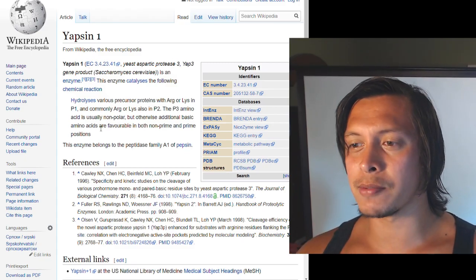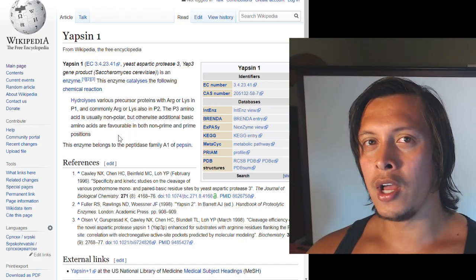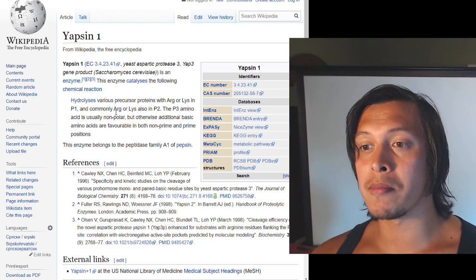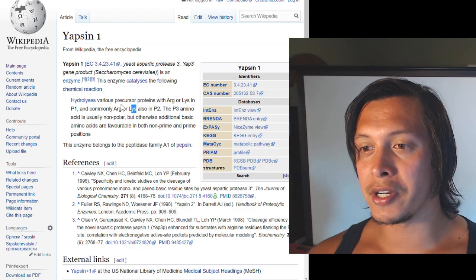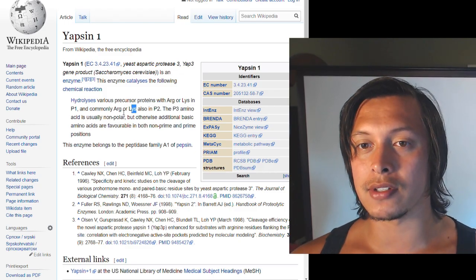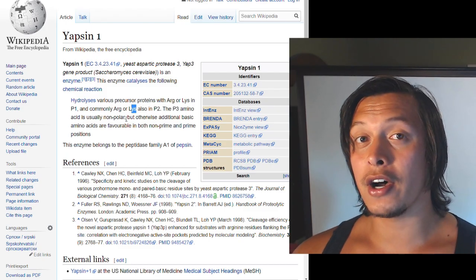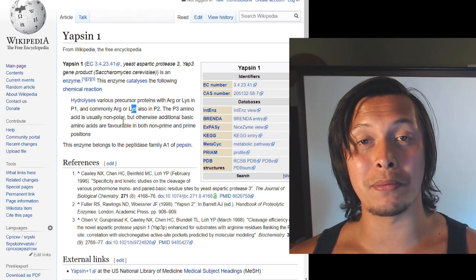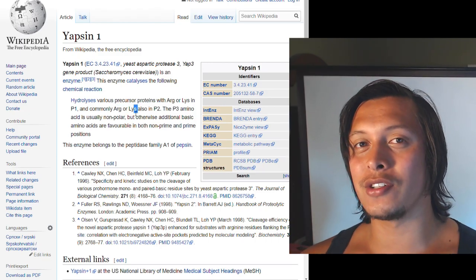Excuse me. So this is an aspartic protease, which also looks for positively charged amino acids. So remember, arginine and lysine are both positively charged amino acids, or they're basic amino acids. So in contrast with aspartic acid, which was an acidic residue, or becomes negatively charged easily, arginines and lysines are the opposite.